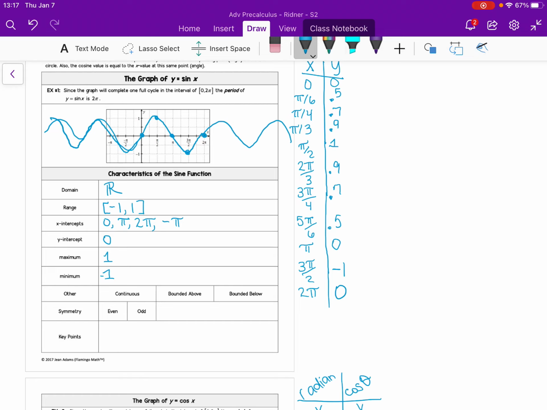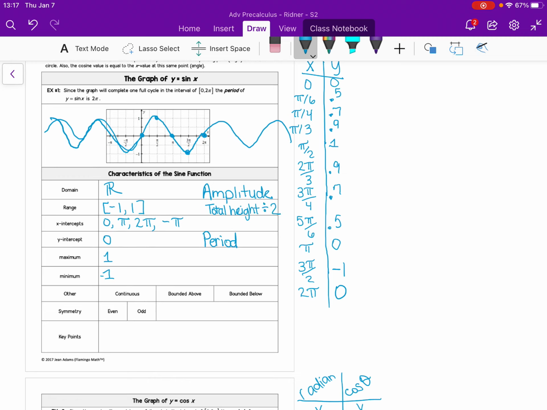So here are the two words that I really want you to pay attention to: amplitude and period. So amplitude is the total height divided by 2.